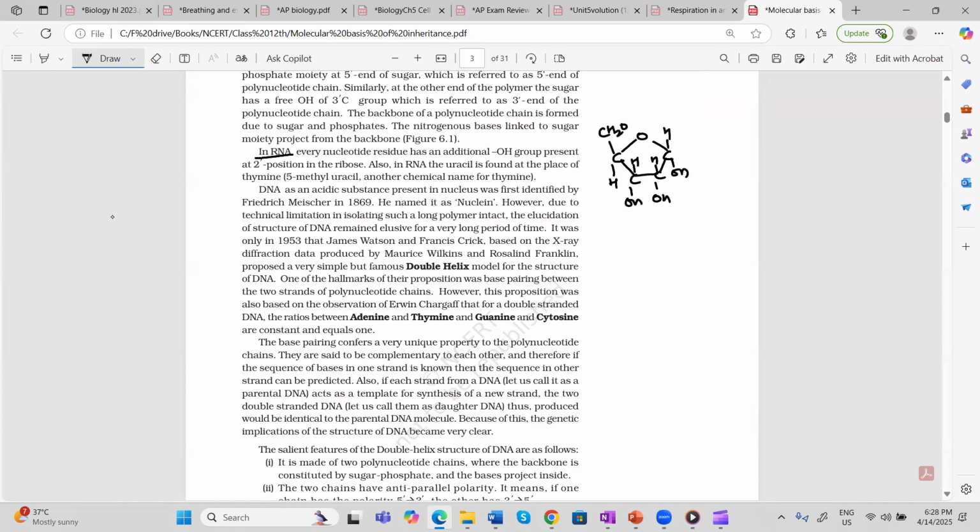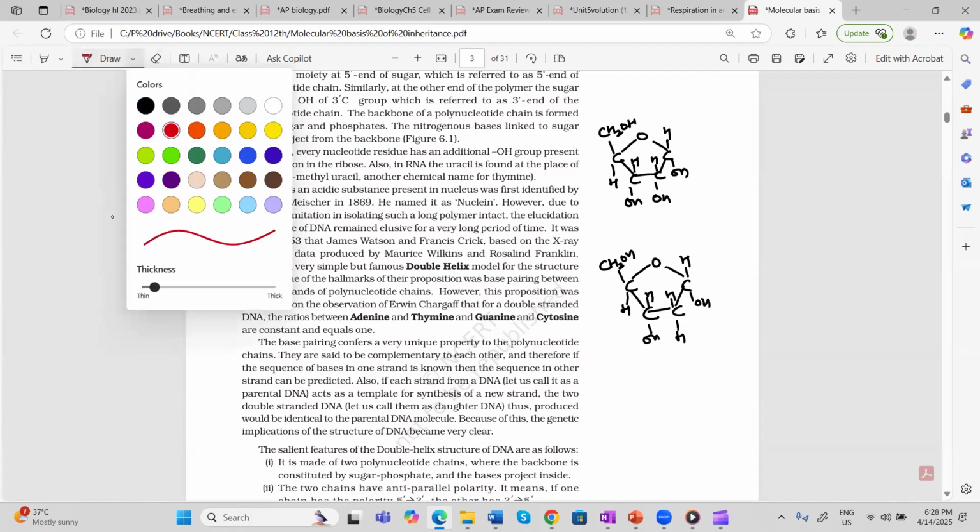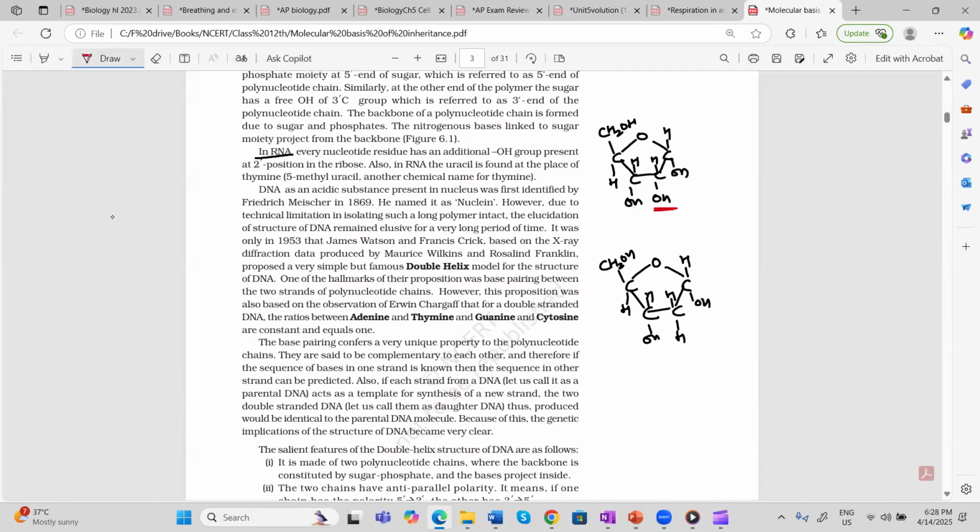This is a diagram of one and another diagram I'm drawing. 1, 2, 3, 4, and this is fifth. Check what change I'm making. Can you find one change?